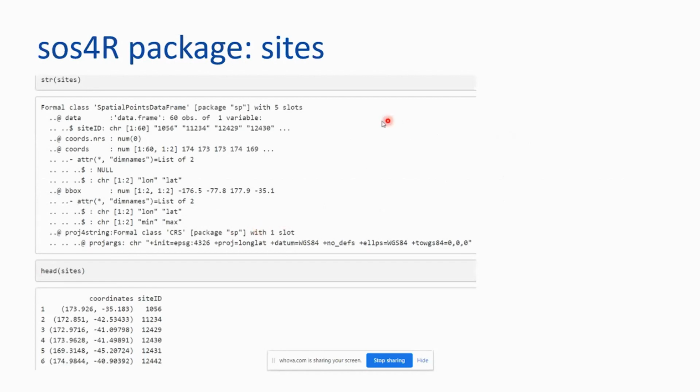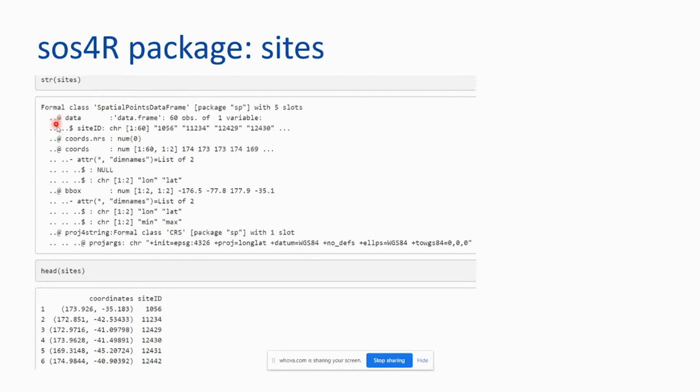Well, here's sites, and just remember str tells you a bit about the data structure, what's the data format, and as I mentioned, it's a spatial points data frame. It's got the data sitting there in a slot.